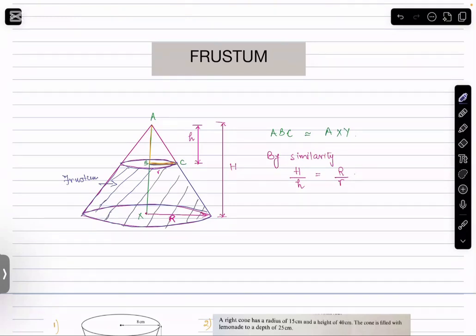Now, to find the area and volume of a frustum, I will be using the similarity method.